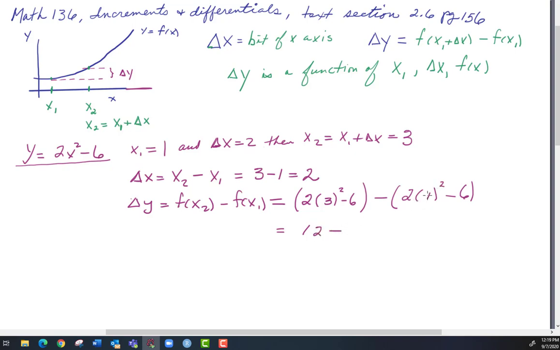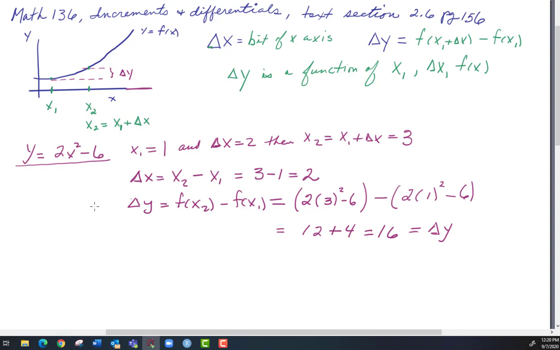Minus 1 squared is 1, times 2 is 2, minus 6 would be negative 4, but I got a negative out here in front. So that would be minus a negative 4, which is the same as adding 4, which equals 16. And so that's what the change in y would be.